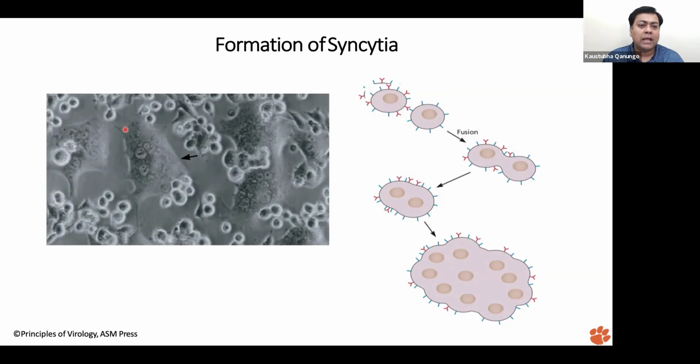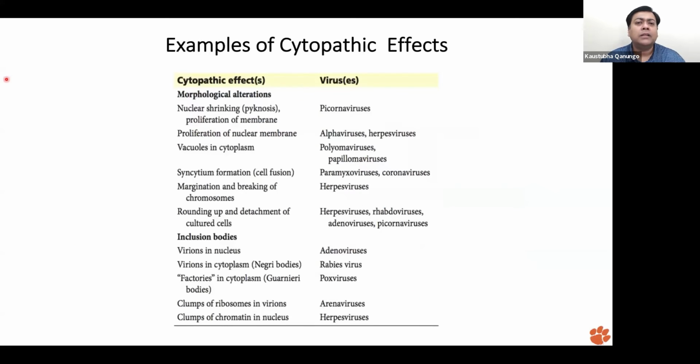They are allowing this giant cell to live a little bit longer and making use of the space before killing the cell. This is called syncytium formation, and this is a typical cytopathic effect. There are several other types of cytopathic effect, and this is very self-explanatory. You can just read the list right here.